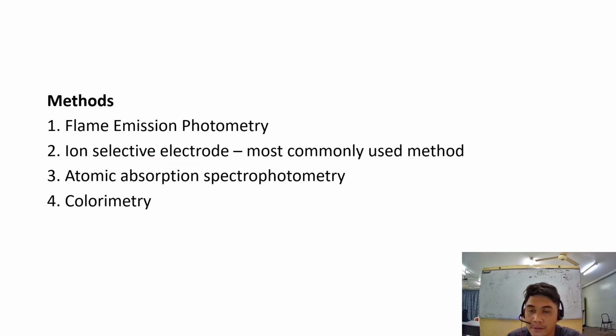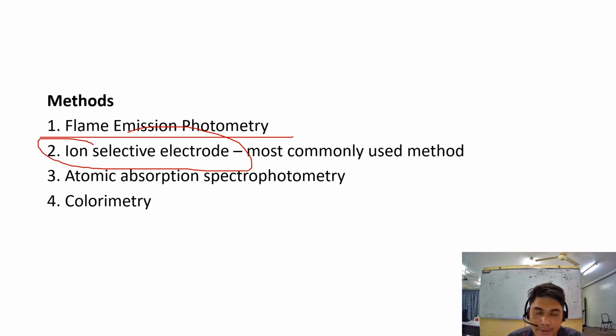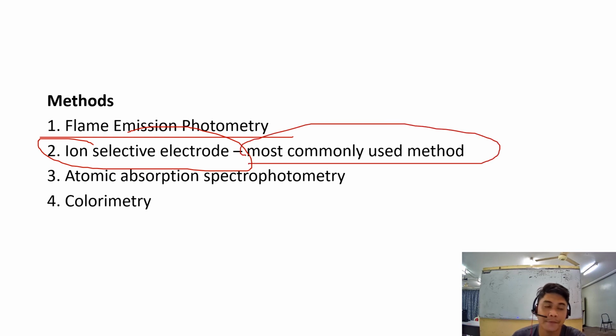Regarding methods for the measurement of sodium, first you have flame emission photometry, then ion selective electrode. The ion selective electrode is the most commonly used method, and you're using glass aluminum silicate as the electrode for the measurement of sodium. So it is selective for sodium.